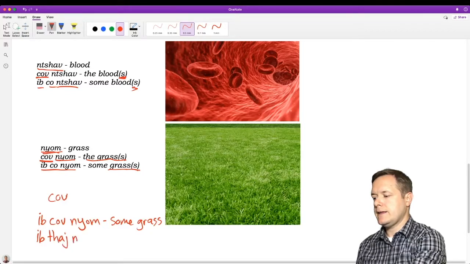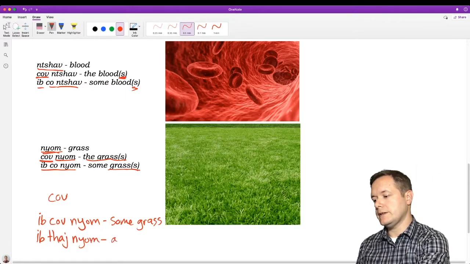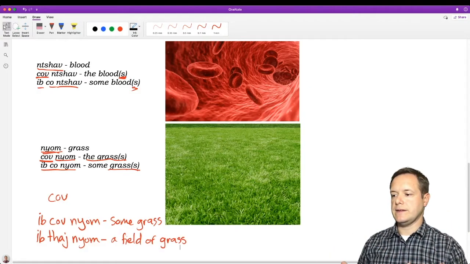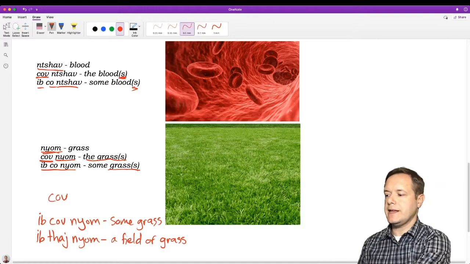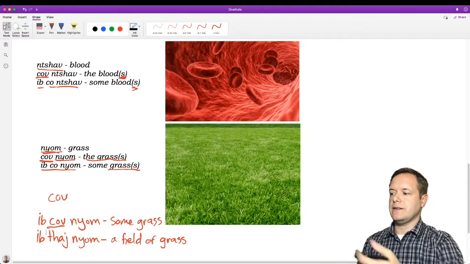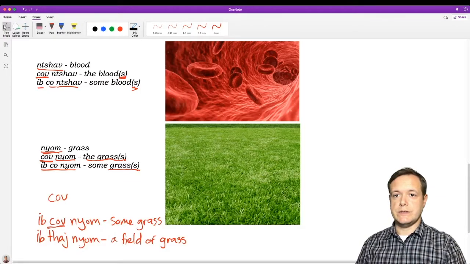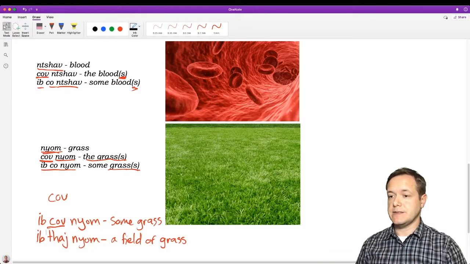Tai nyom, which is a field of grass, or an expansive grass. So we're talking about an area, a section, instead of the fact that it's multiple or plural. This is a whole subject, but the reason I'm bringing it up is just to remind you that because now you've seen that jaw is used with nyom, that doesn't mean that that's the rule. It's just a tool that you can use to pluralize. So you can use other noun classifiers to change the sense, as long as it makes sense.